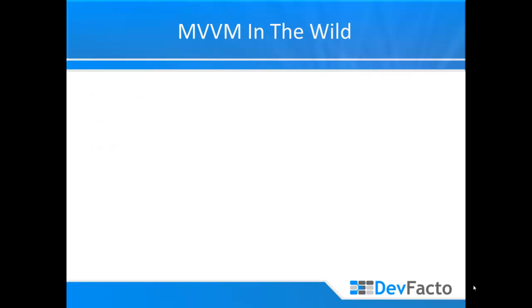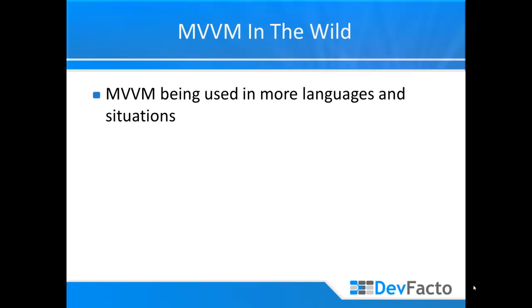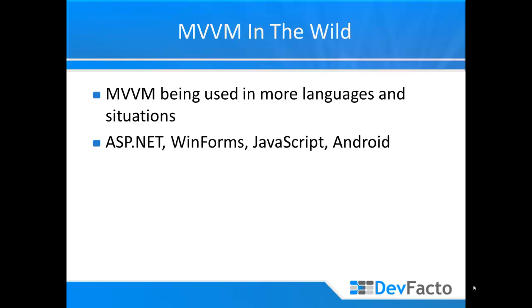Okay, so we've just studied MVVM from the .NET stack, right? But MVVM is really becoming more popular. When I first heard about it, you could really only find it with WPF. However, now you can find it all over the place, in different languages and in different places in your application. A quick Google search gave me ASP.NET and WinForms.